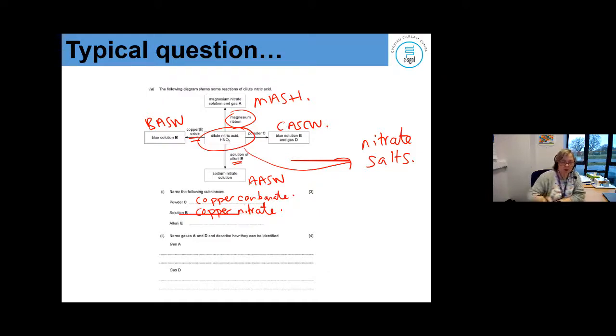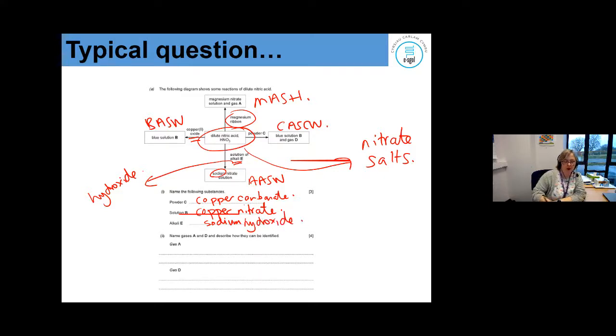Alkali E, well, if you look at it, it made sodium nitrate. I told you earlier in the presentation that an alkali is going to be a hydroxide. Putting that information on the fact that it's making sodium nitrate and it's an alkali being added, we can then establish that alkali E is likely to be sodium hydroxide.